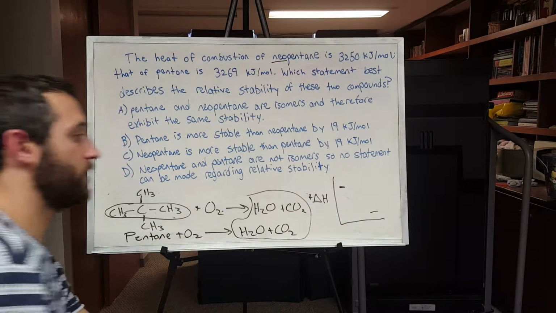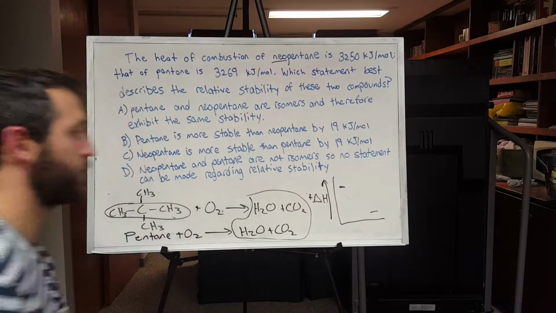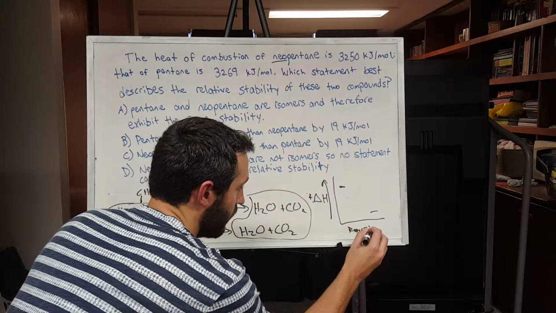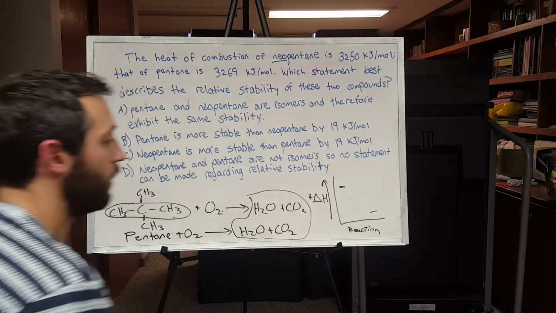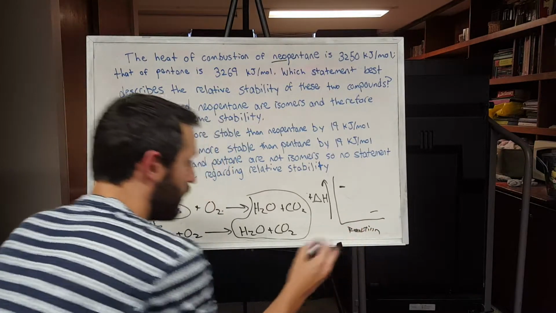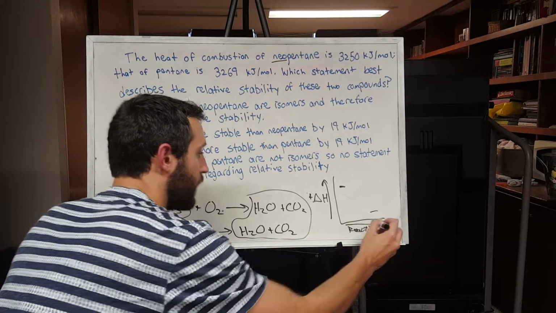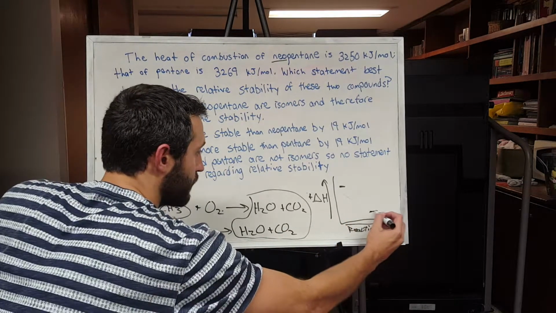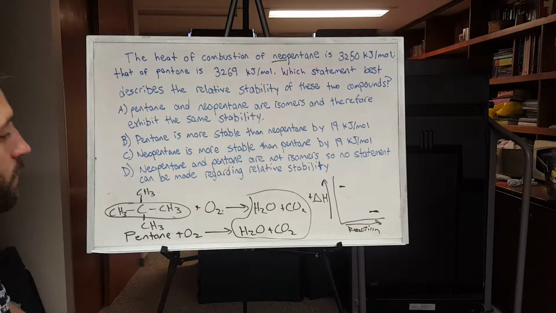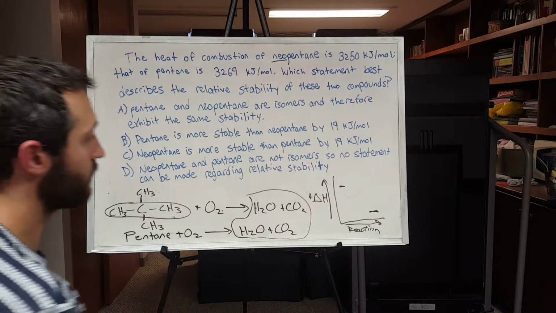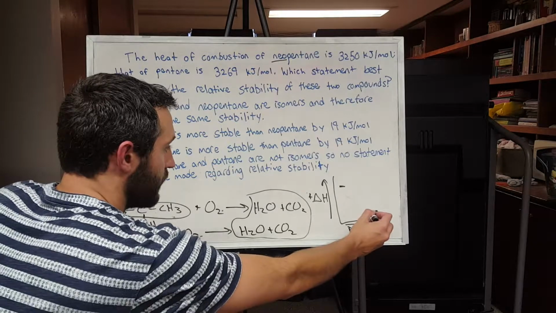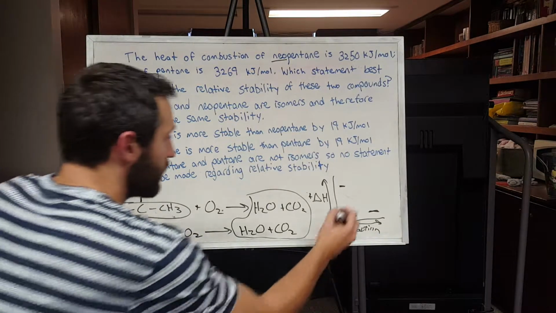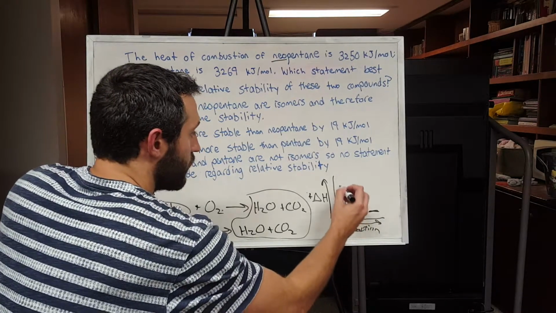So delta H with increasing going up, this is the reaction coordinate down here. As we go from reactants to products, both of these guys have the same stability of the product. So we determine delta H by change in H of products minus change in H of reactants. So it'll be the difference from here to here.